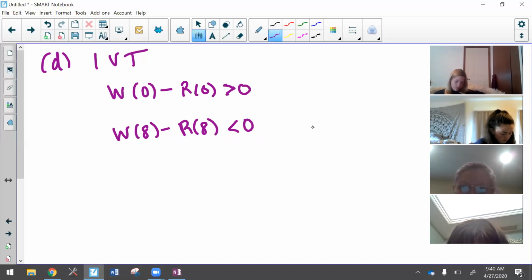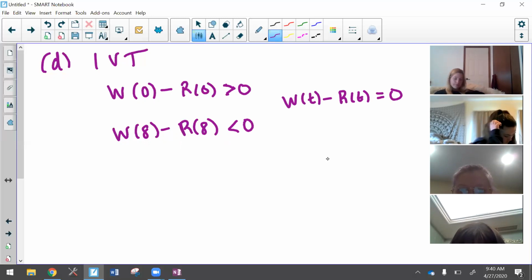Okay. And if the rate at which the water is pumped into the tank is the same as the rate at which the water is pumped out of the tank, then that means that some W of t minus some R of t is equal to 0, right? If they're the same value.